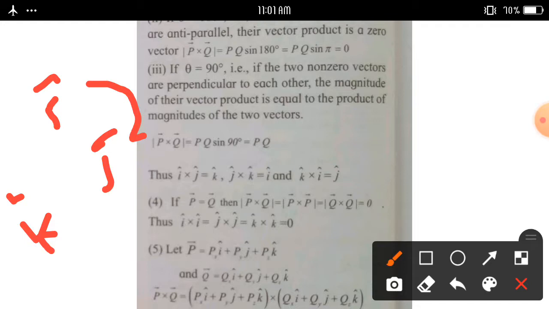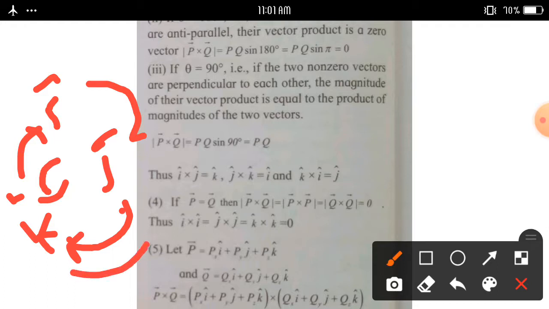Then i cap cross j cap is equal to k cap, then j cap cross k cap is equal to the next vector i cap, and k cap cross i cap, then we take the other vector j cap in this way. And we take the reverse direction or opposite direction in this way: j cap cross i cap, we take minus k cap, and k cap cross j cap, we take minus i cap.